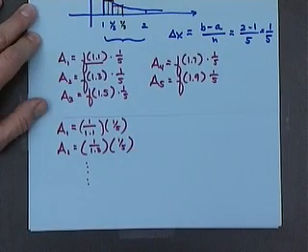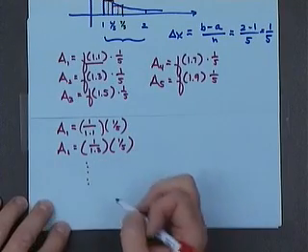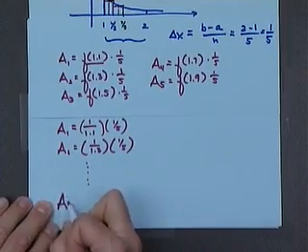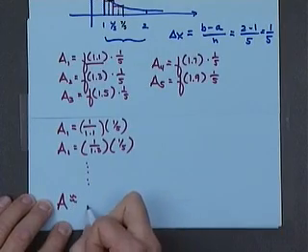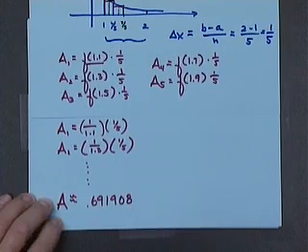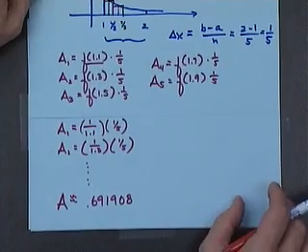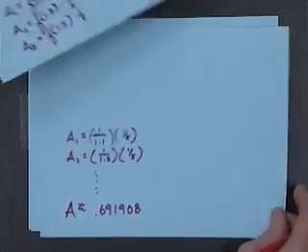We would add all those together and get an approximation for the area. Now, I've done the arithmetic to this level of accuracy. It's 0.6919.